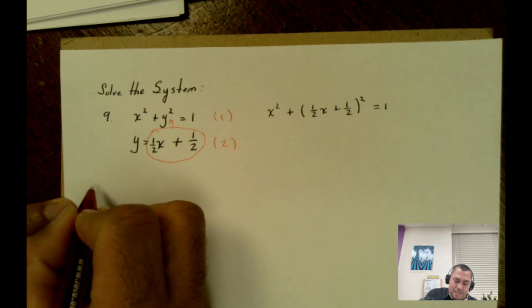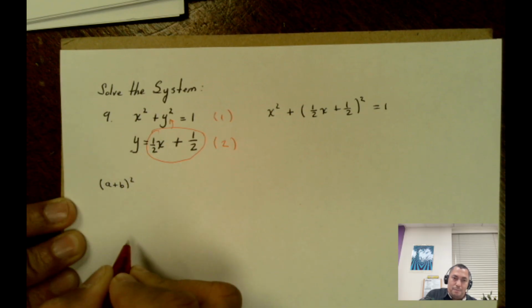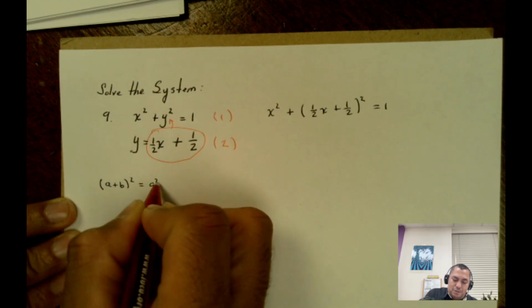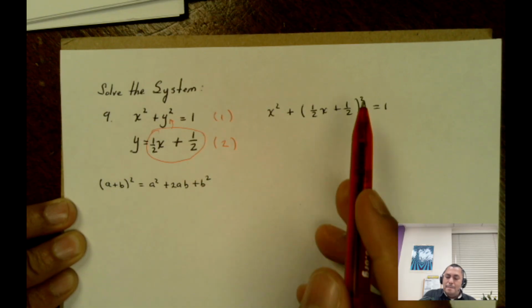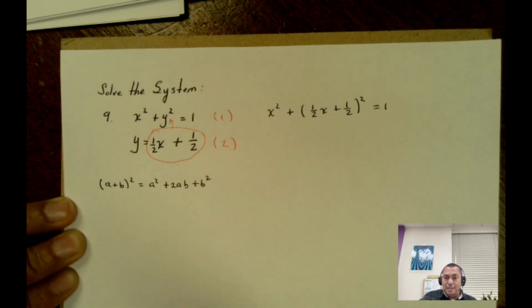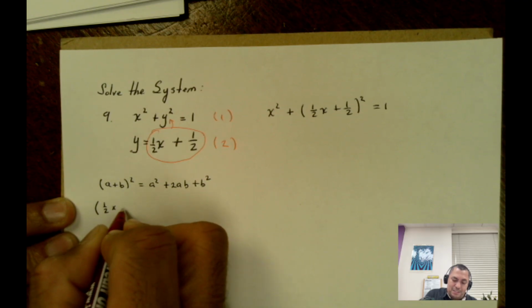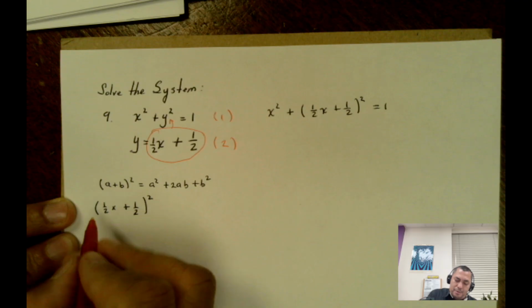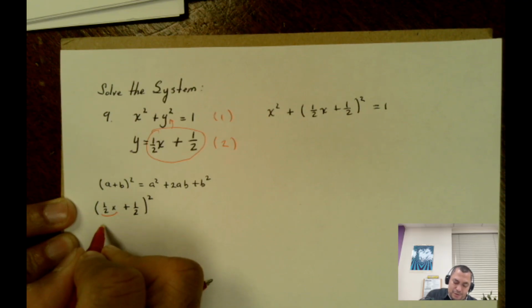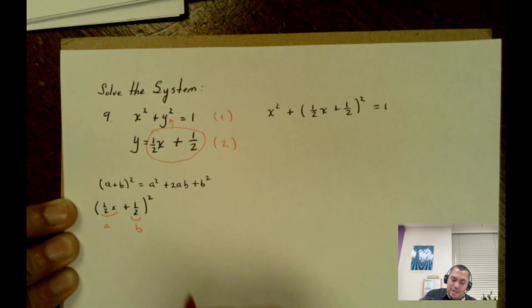Remember that we have the special formula (a plus b) to the second power, which is a squared plus 2ab plus b squared. We're going to apply it to this binomial. If I have 1/2 x plus 1/2 to the second power, I'm going to take the first term as a and this fraction as b.